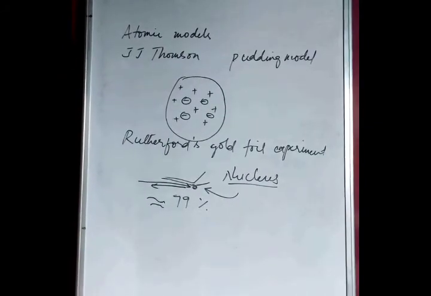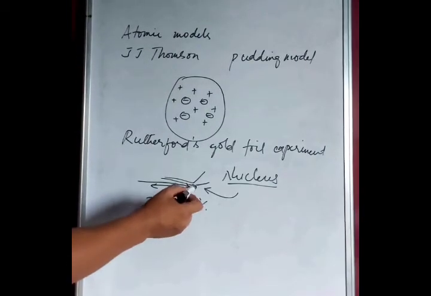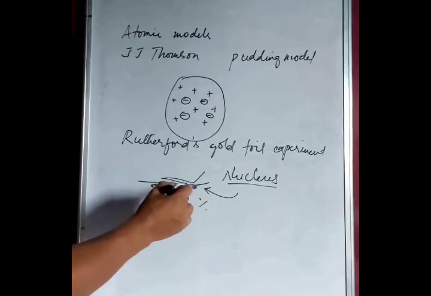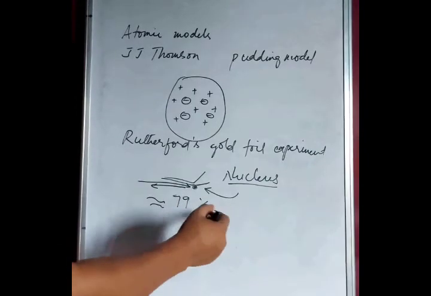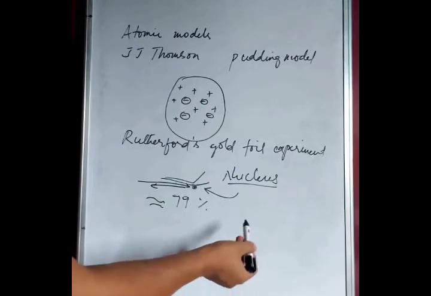Rutherford, from his experiment, proposed that the nucleus is concentrated and positively charged, because the alpha particles, which are also positive, get reflected. And we know that the protons are the positively charged particles.